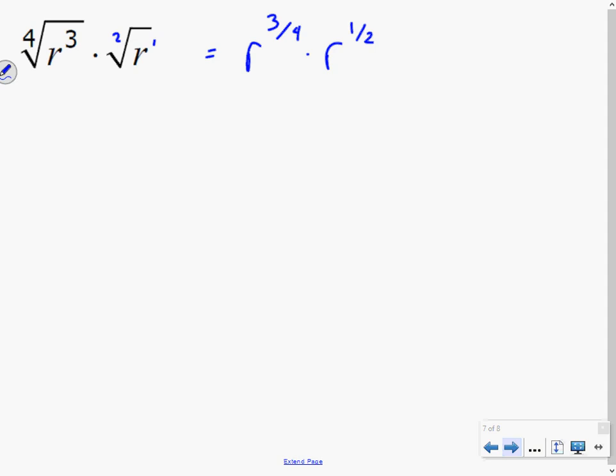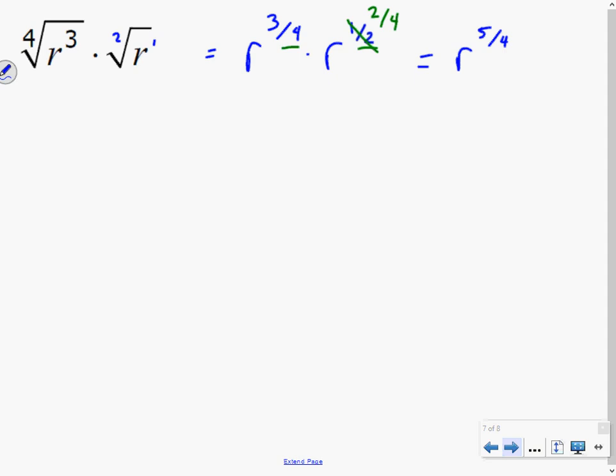So I need a common denominator between my exponents here. I'm going to rewrite 1/2 as 2/4. Now I have that common denominator, and I can add those exponents together to get r to the 5/4 power.